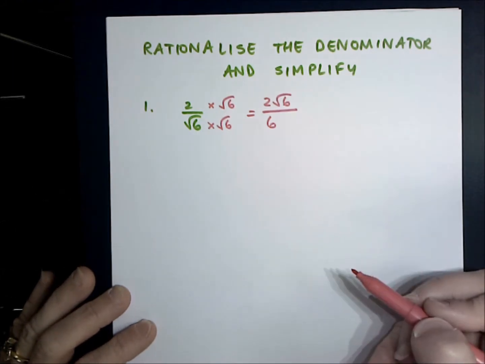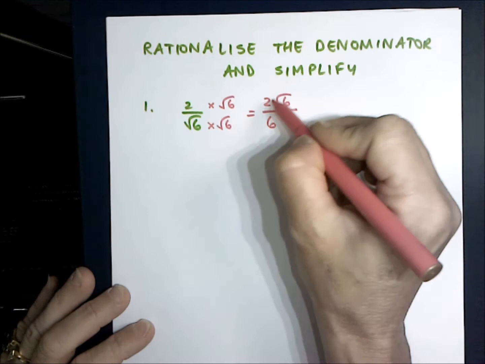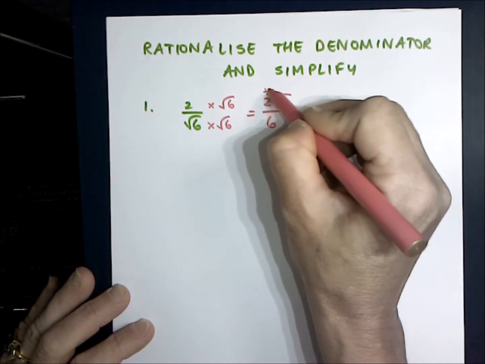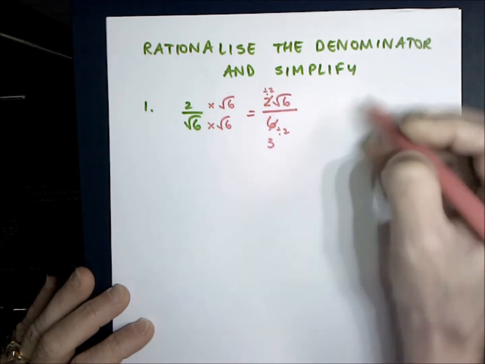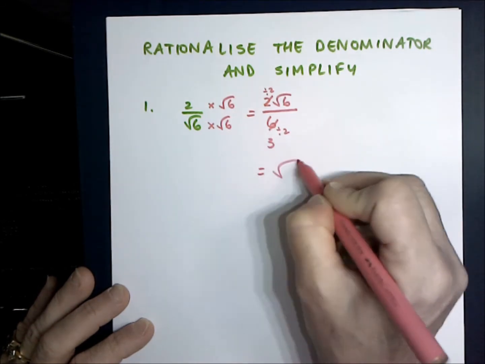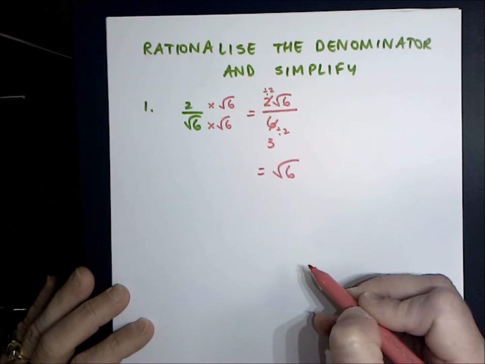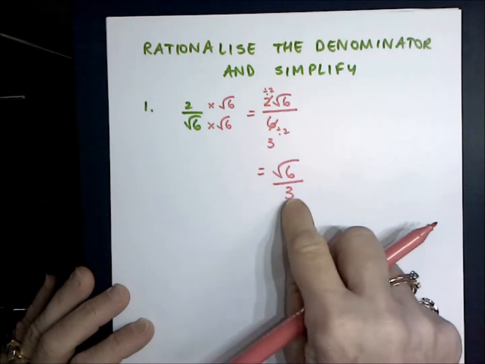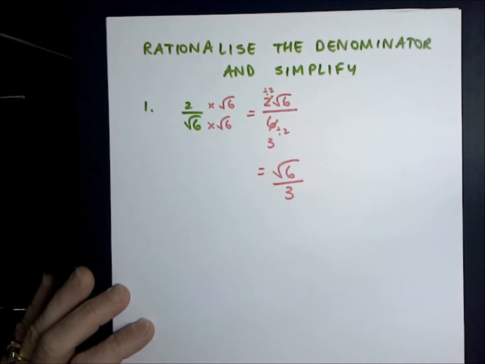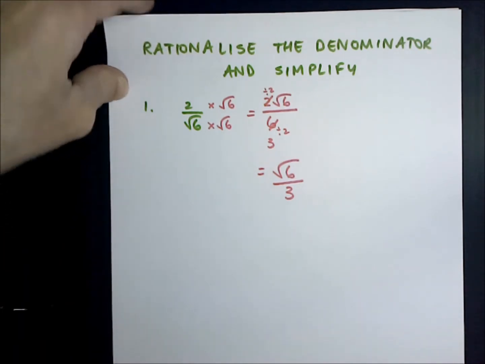The question does say then to simplify, so 2 goes into 2 once, 2 goes into 6 3 times, so we end up with the square root of 6 on 3. The bottom number, or the denominator, is a whole number. So we have rationalised the denominator.